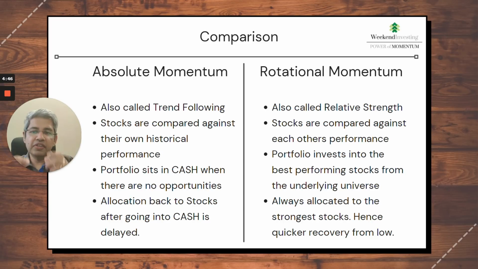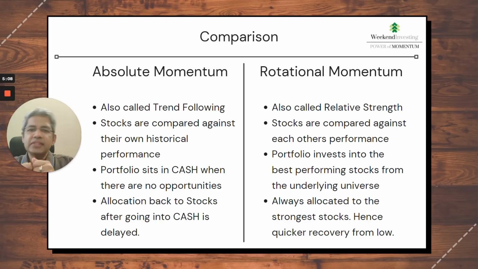If my rules are based on the stock momentum itself, without caring about what happens to the rest of the pack, then it falls under the purview of absolute momentum, because you are absolutely looking at that entity to take a decision of your exit.